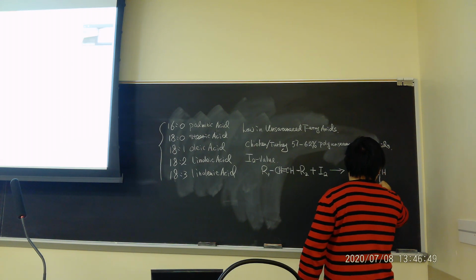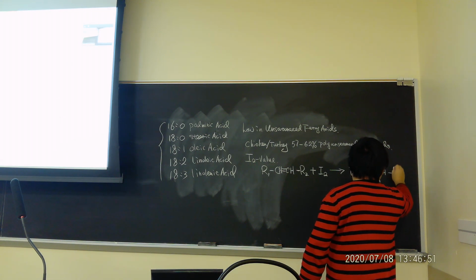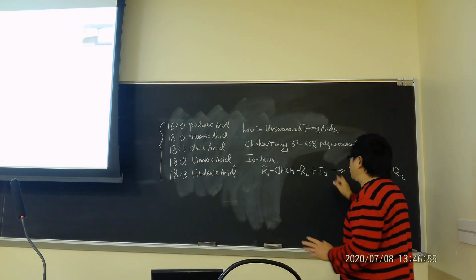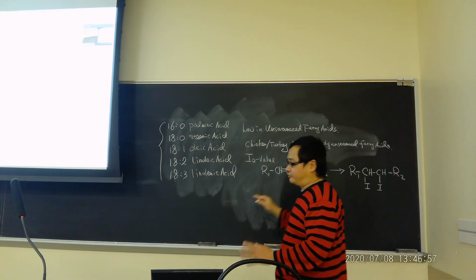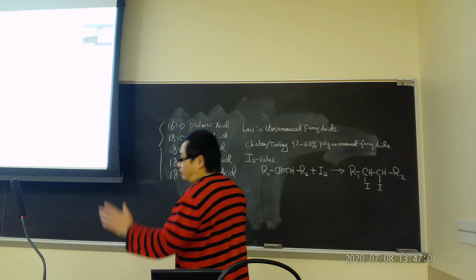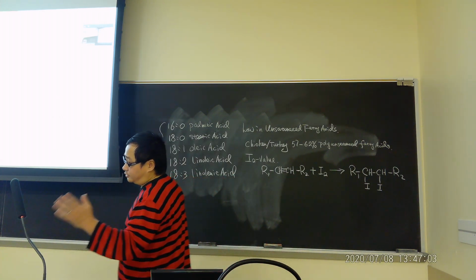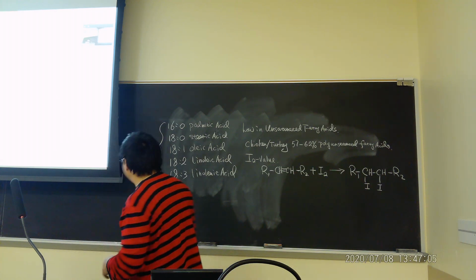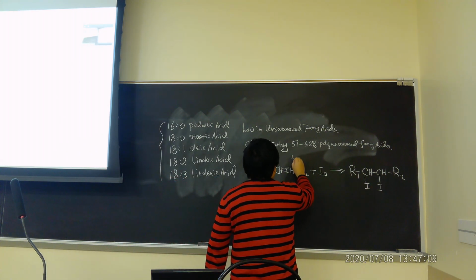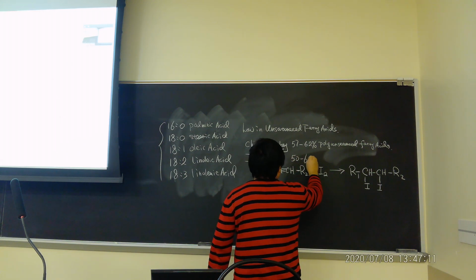So it looks like this. And you can measure the amount of the iodine before and after reaction. They get the iodine value. Now, for all of these animal depot fats, the iodine value is actually lower, around 50 to 60.